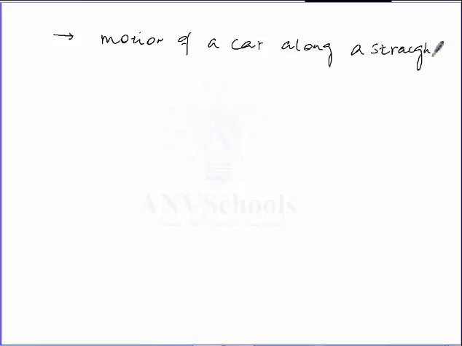So, like I told you before, one-dimensional motion is a motion in a single line or in a single track. So motion of a train or a car along a straight path is an example of one-dimensional motion.